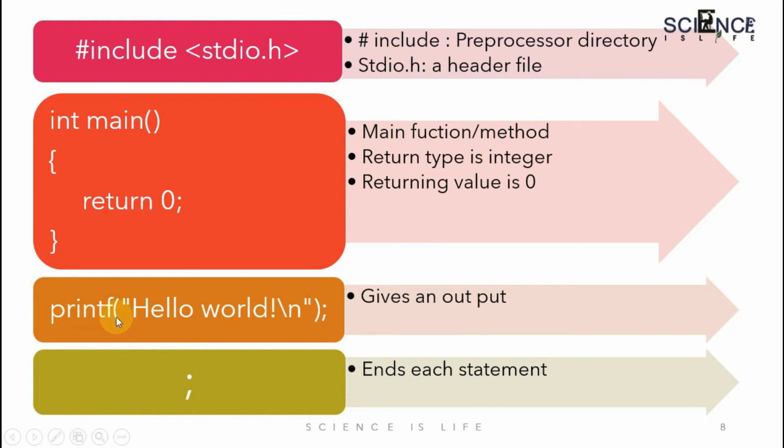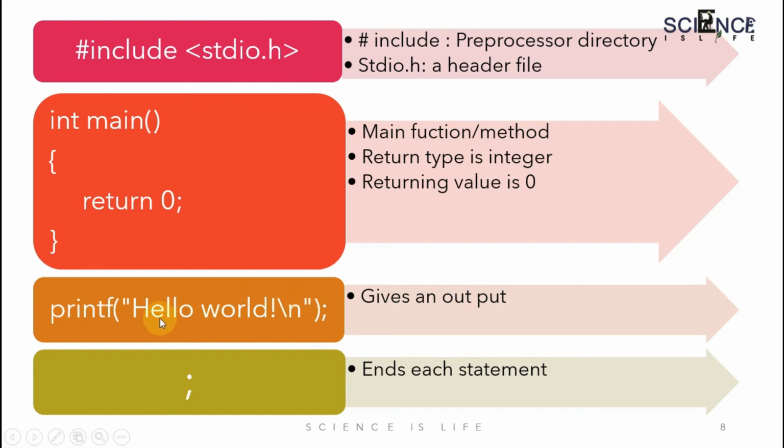Output function means it gives an output in the console screen, right? Where do we get the output? I have mentioned before that we can have outputs in the console screen. So this function will give the output. What is the output we received? Hello world.